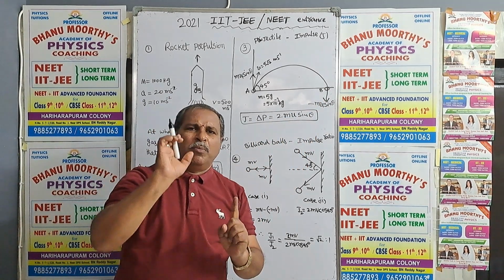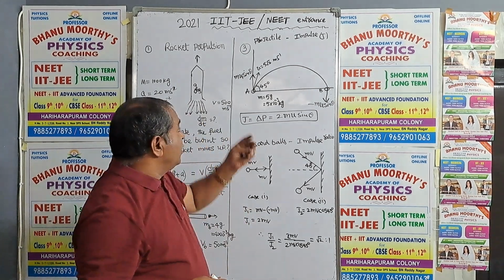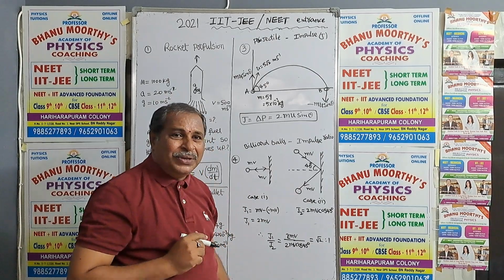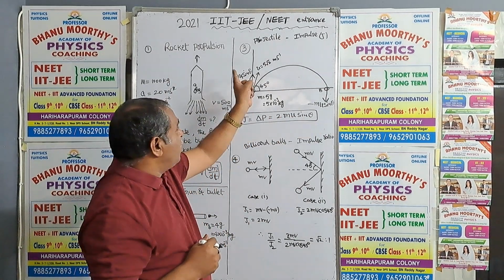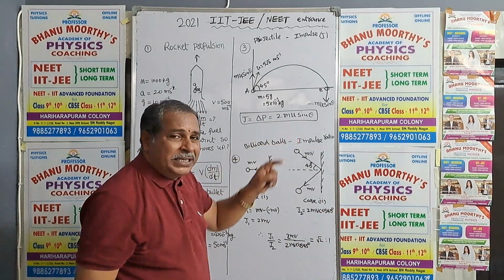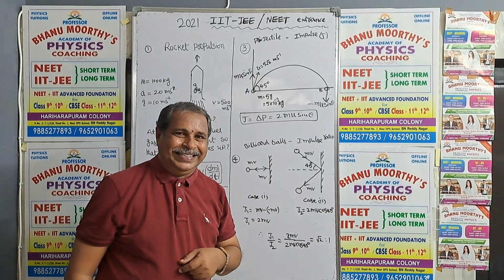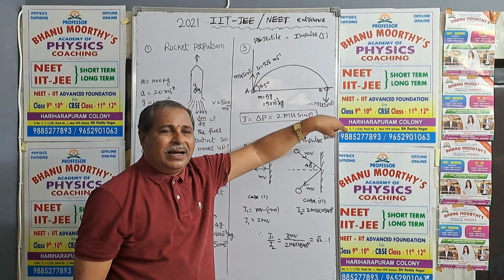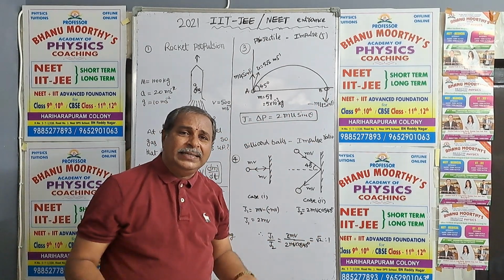What is the change in the momentum in the vertical direction? Both are in the opposite direction, you know. So change in the momentum is minus of minus, that is plus. So mu sin theta minus of minus mu sin theta becomes 2 mu sin theta.